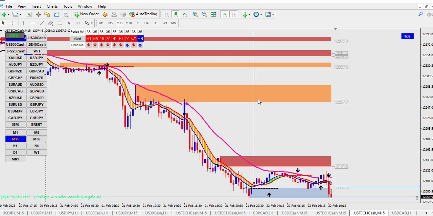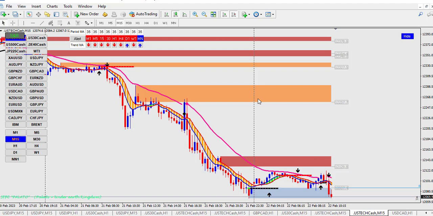Trading Forex profitably on MetaTrader 4 platform. This is a combination of indicators combined together, and this is very profitable if you will follow the simple rule.